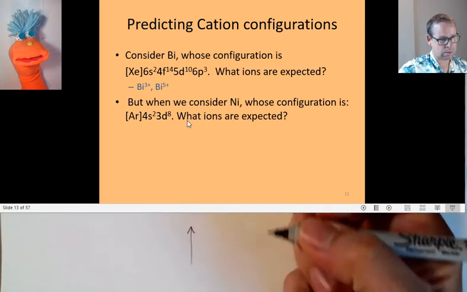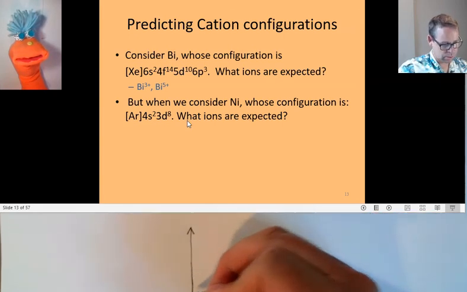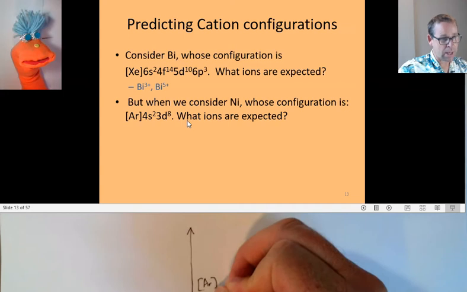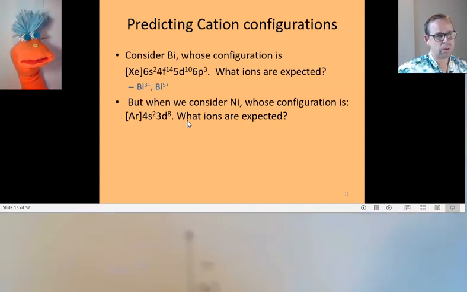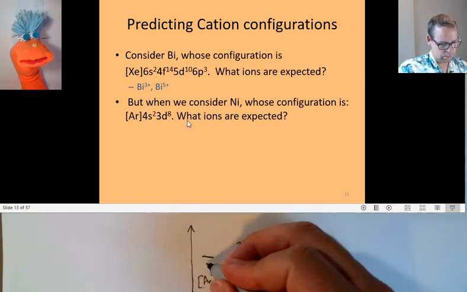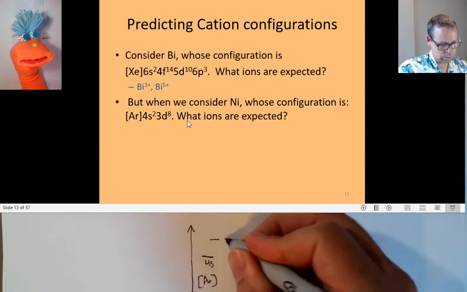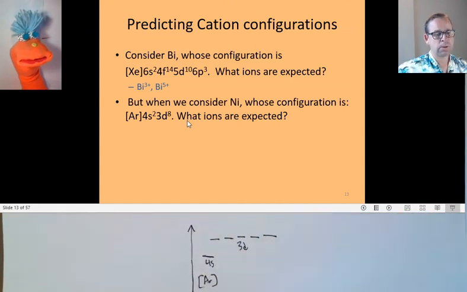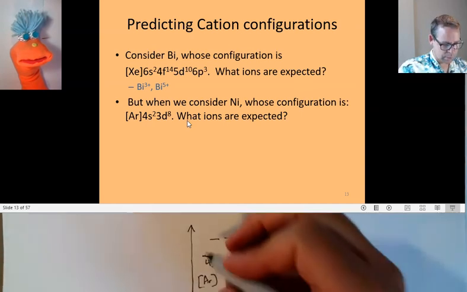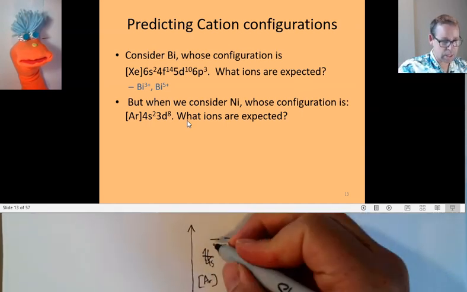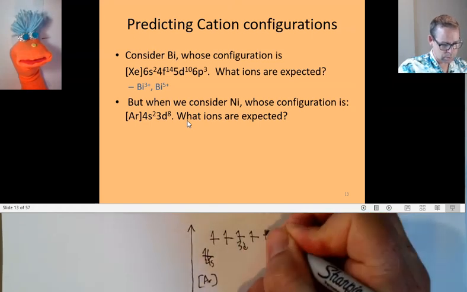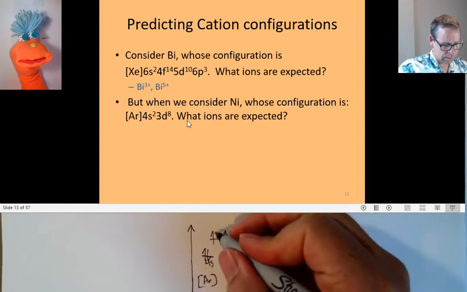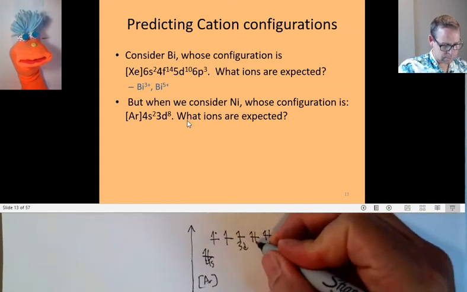So we'll say, okay, there's argon, and then there's the 4s2, and after the 4s2, we have our 3d8 that we're going to add on here. 4s2 has 2 electrons. 3d8 has 8 electrons. 1, 2, 3, 4, 5, 6, 7, 8.